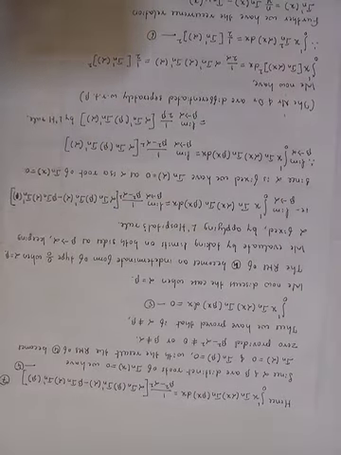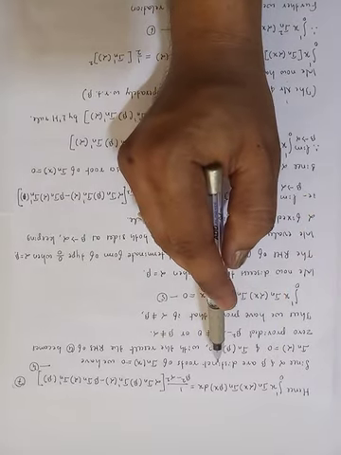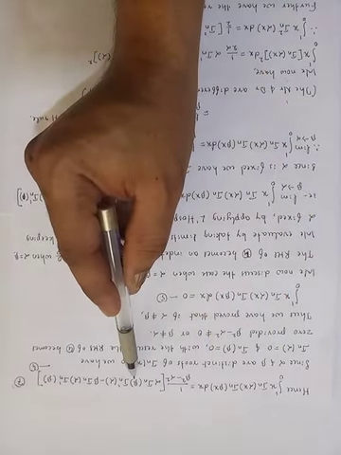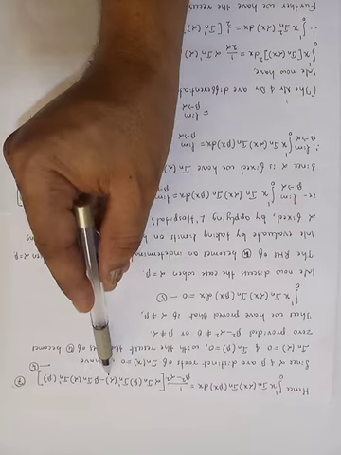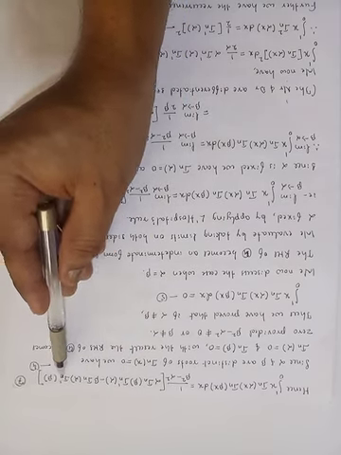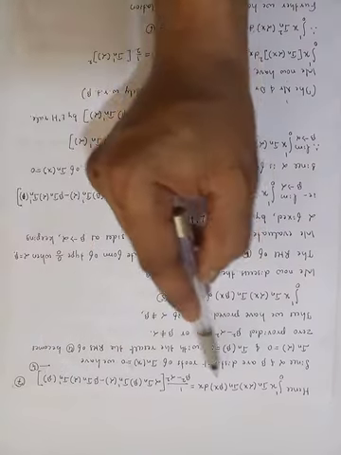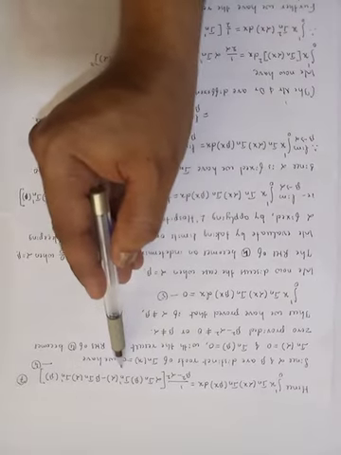When we take x equal to 1, we get alpha jn of beta jn dash of alpha minus beta into jn of alpha into jn dash of beta. So this is the result we got.